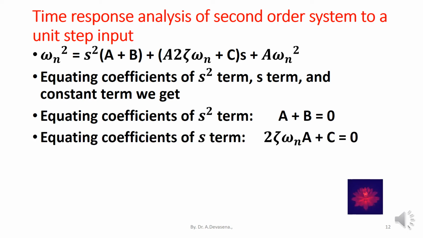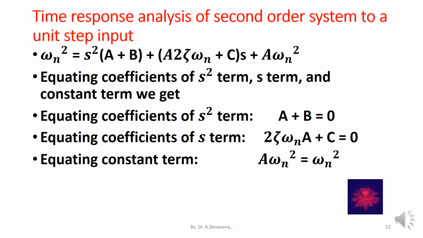For the s term, 2ζωn A + C is equal to 0. For the constant term, Aωn² is equal to ωn².